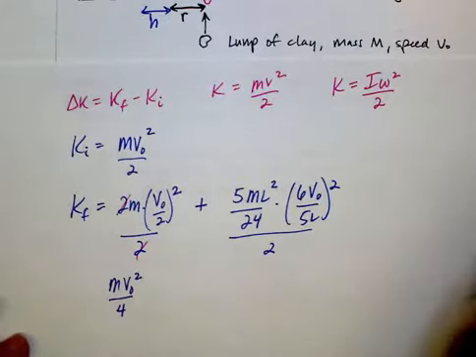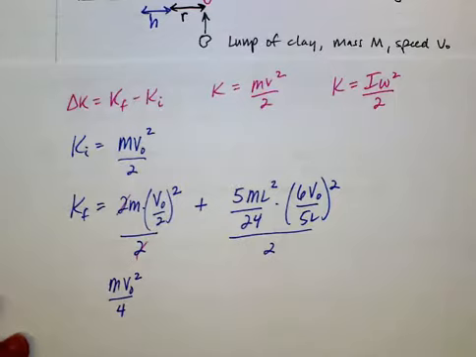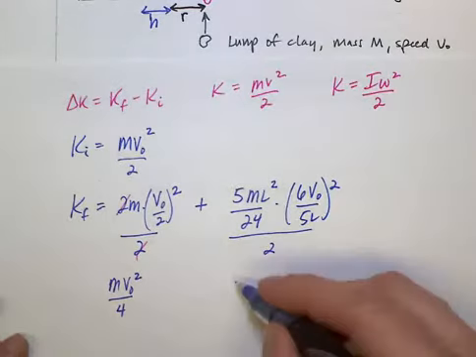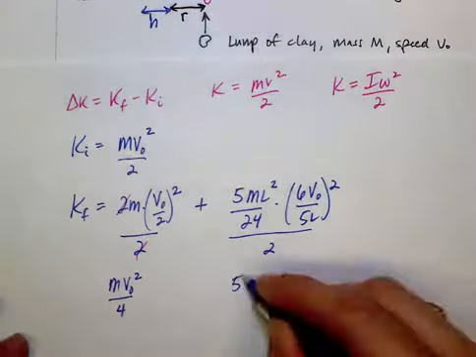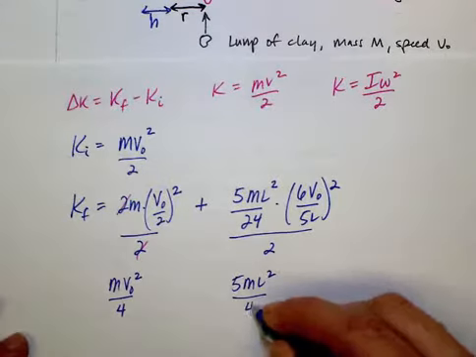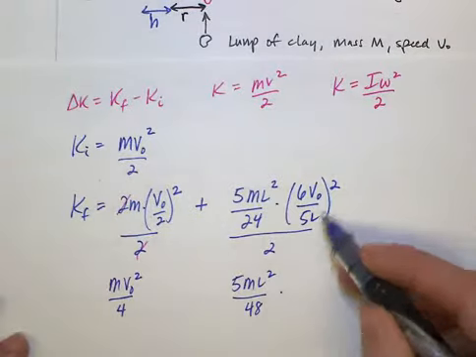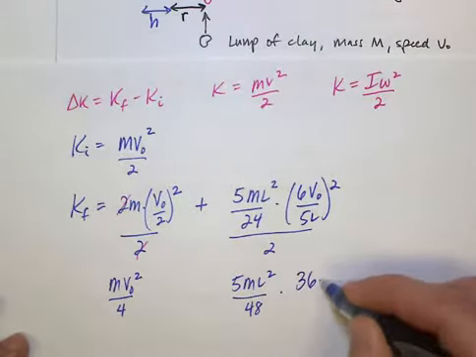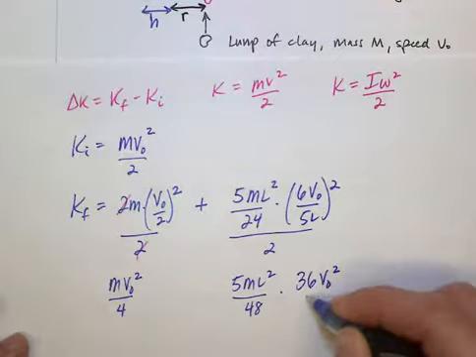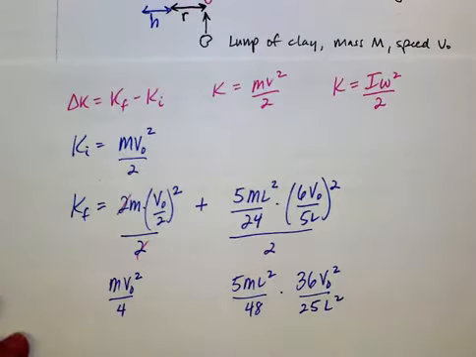And then over here, let's see what we could do. I think I better multiply some things out. So this is going to be 5ml squared, 48, 24 times 2. And then let's square out this fraction, 36 v sub o squared over 25l squared. Let's see what we can simplify.